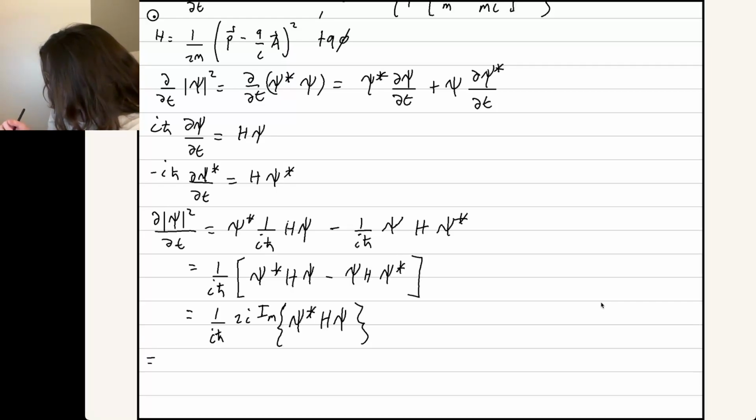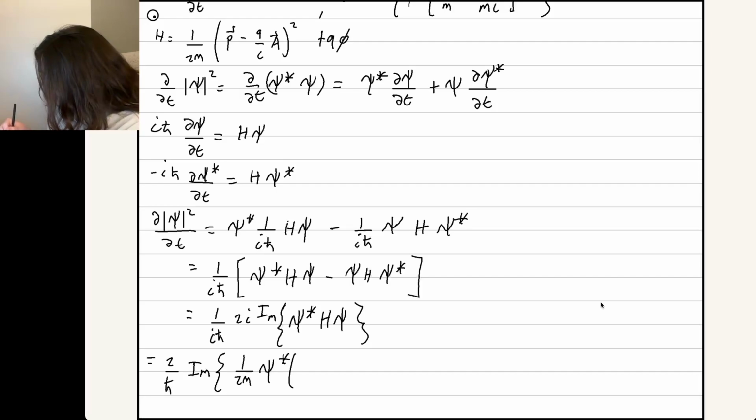Simplifying the prefactor a bit, we'll have 2 over h bar out front, and we're taking the imaginary component of 1 over 2m psi star (p minus q over c A) squared psi plus q phi psi star psi.